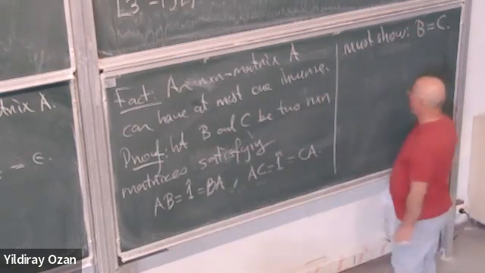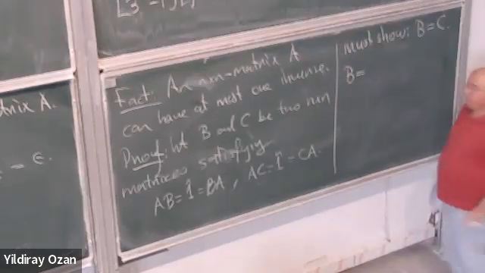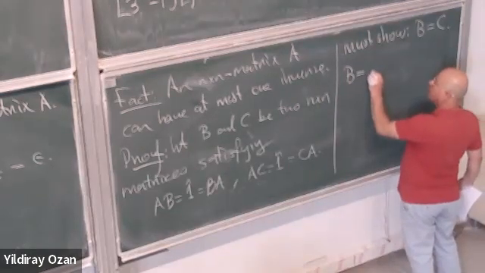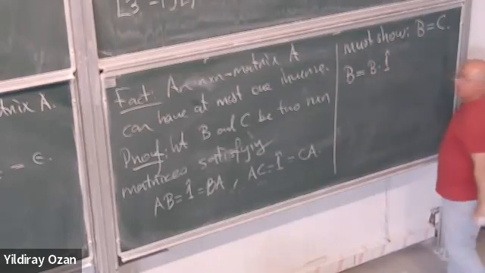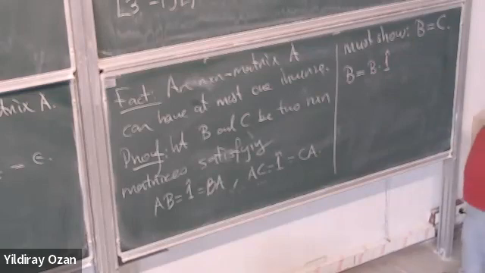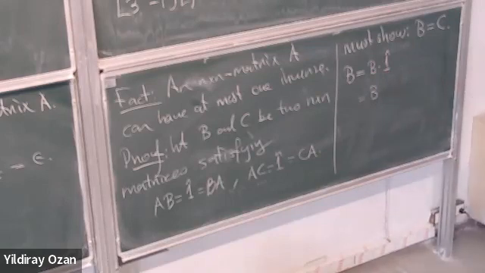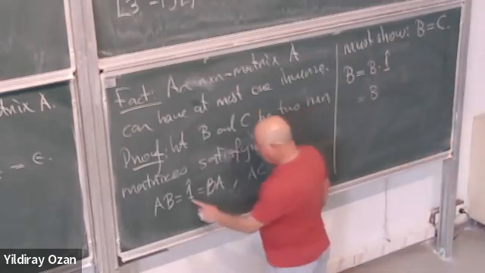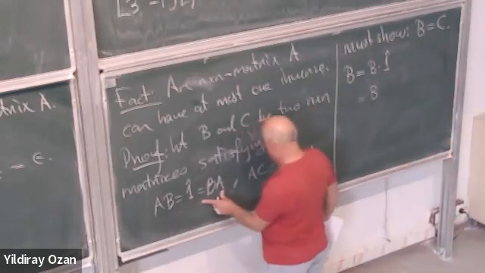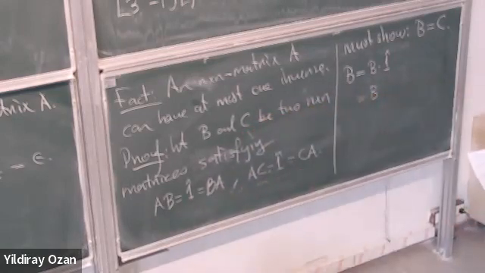Well, let's start from B. B is the same as B times 1. What is 1? For 1, I can write this one, this one, this one, or this one. They're all 1. So which one should we use?